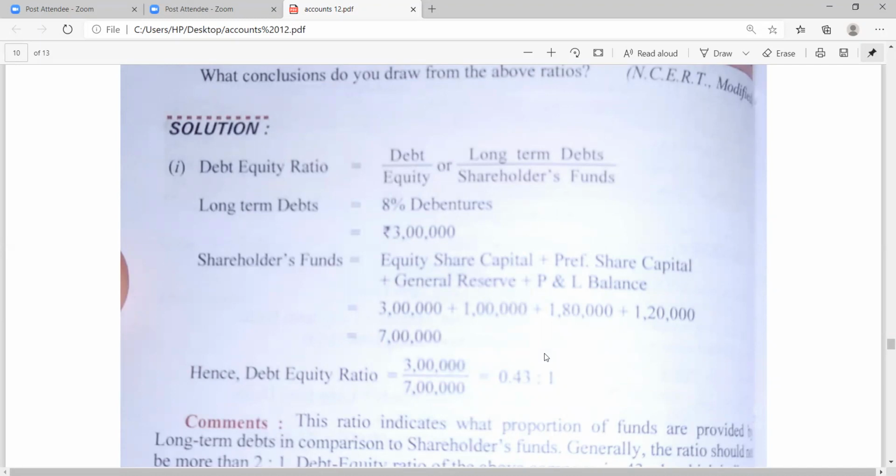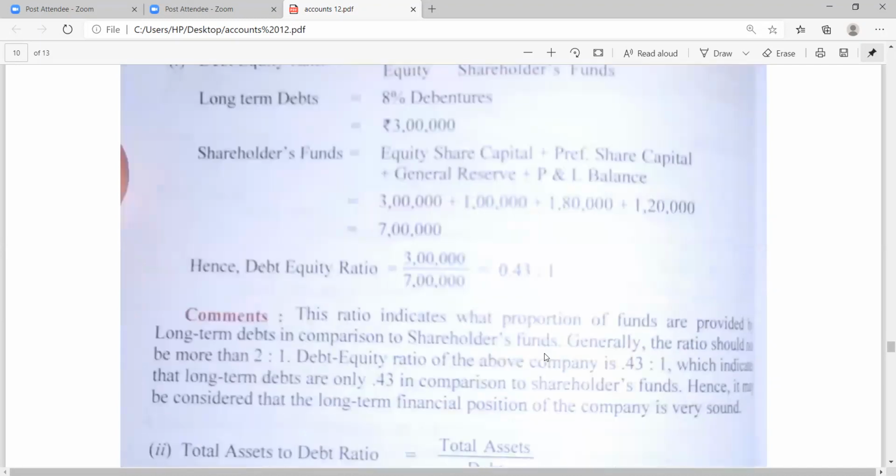Now you have to comment or give the conclusion. If the company has a ratio of more than 2:1, that is a concern; the debt equity ratio of the above company is 0.43 to 1. It indicates the long-term debt is only 0.43 in comparison to the shareholder fund. Hence, it may be considered that the long-term financial position of the company is very sound.